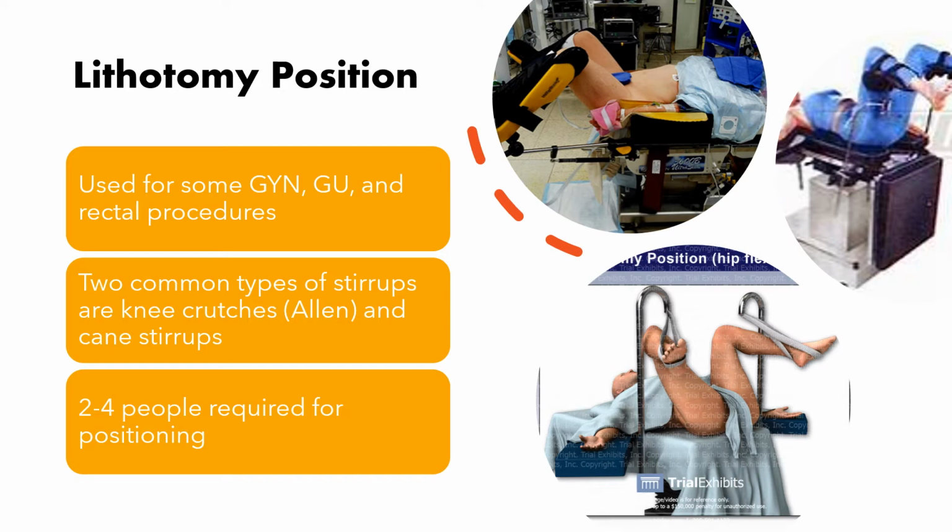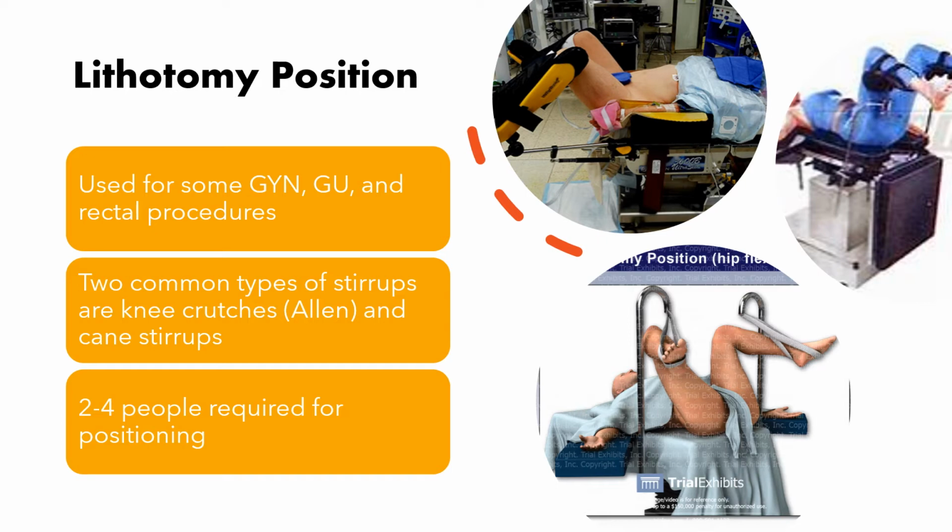This can increase the chance of a crushing injury because we do bring that bottom of the bed all the way down, like you see in the image on the top right. So if the fingers are there, when we're done and we're bringing the bottom of that table up, we could trap the fingers in there. So we always want to be sure we know where the fingers are if they are tucked down by the sides. So one of two ways, out on arm boards or tucked by the sides.